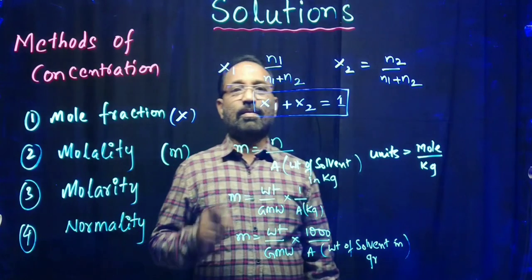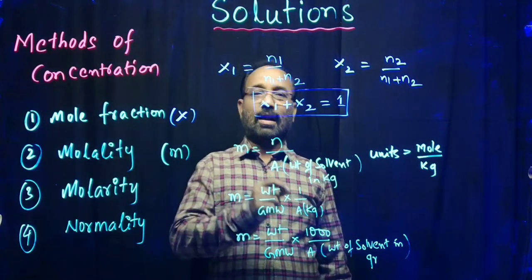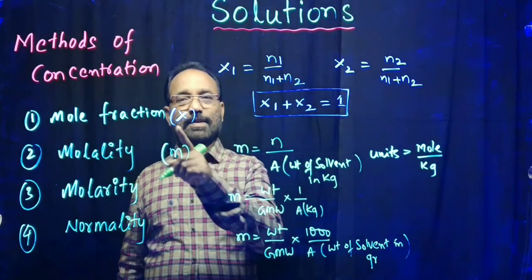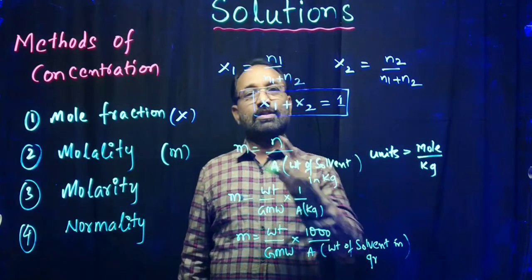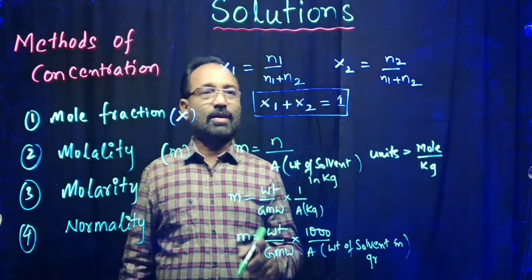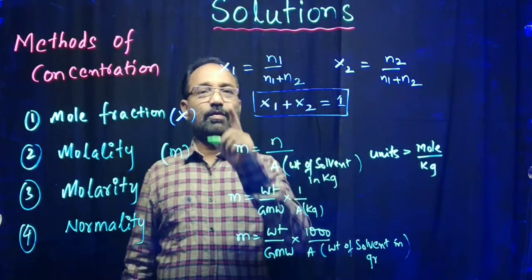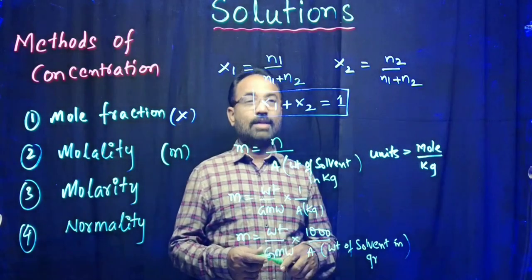Once again, I am repeating, what is the mole fraction? It is the ratio of the number of moles of one component to the total number of moles of all the components in the solution. It is expressed by x. Let us assume the first component's number of moles equals n1, and the second component's equals n2. Therefore, x1 equals n1 by n1 plus n2.